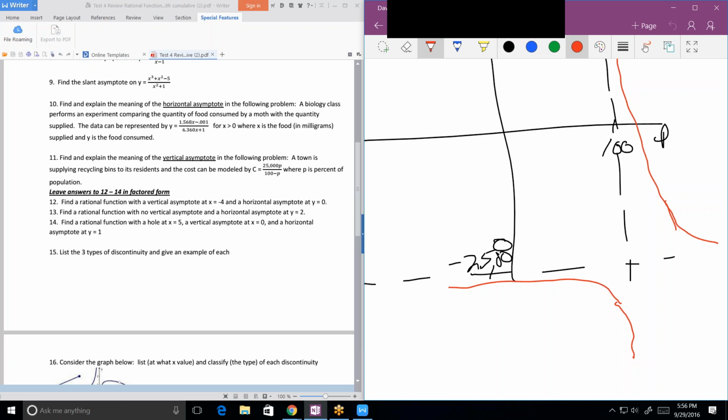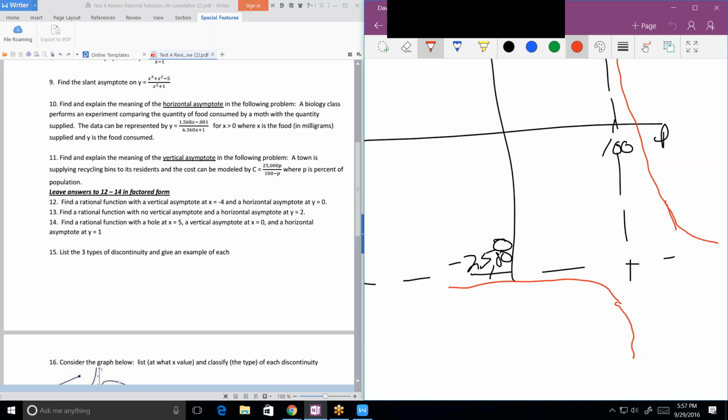So in this case, since P is the percentage of the population, you can never have 100% of the population for this particular word problem. And that's what it means, that the variable cannot be the vertical asymptote. So in this case, P cannot ever be 100%.